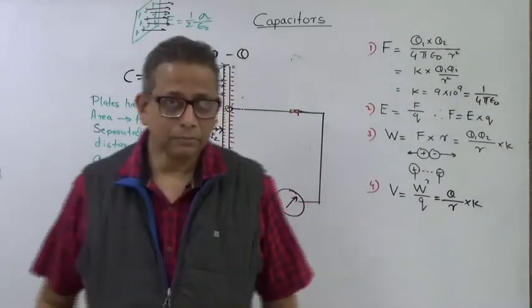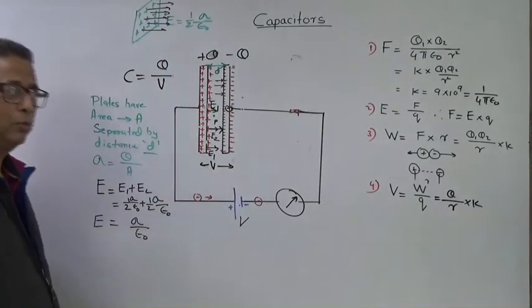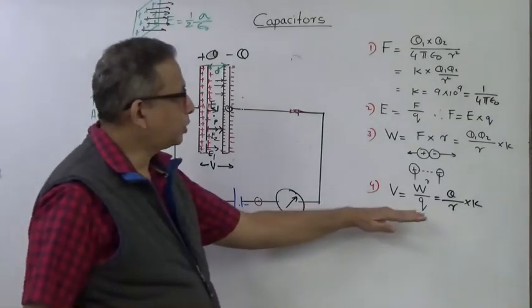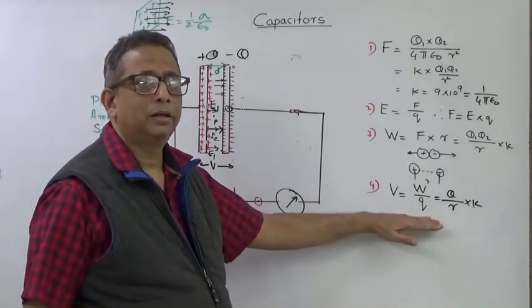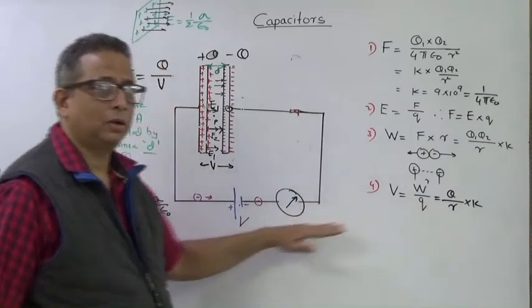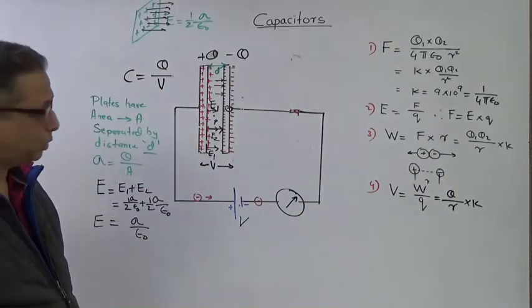Now I have to use two more equations. Here I have not yet rubbed this equation. Why? I wanted to show you the reference of these equations in all the derivations that we will be doing over here.